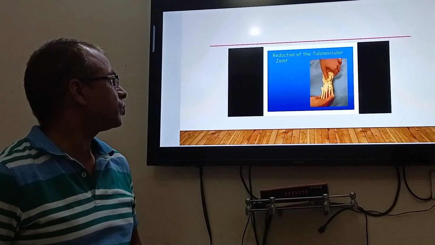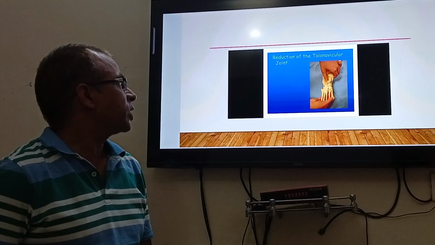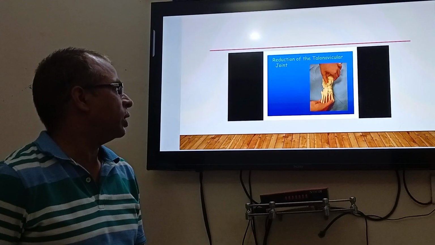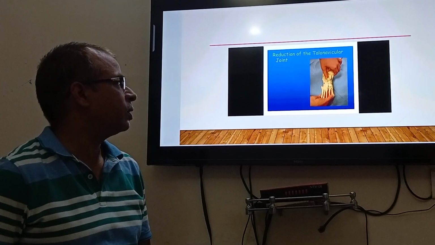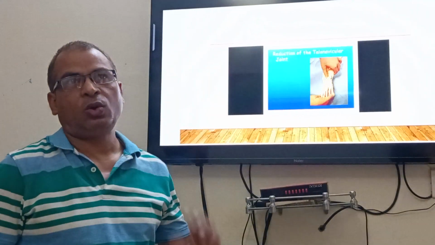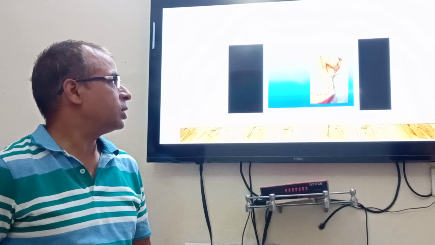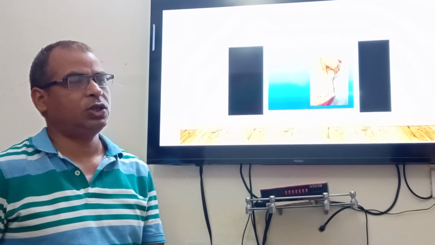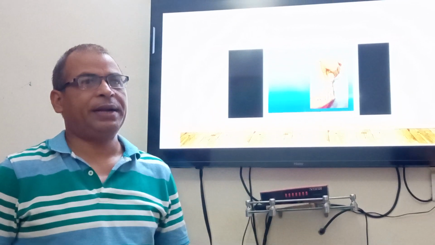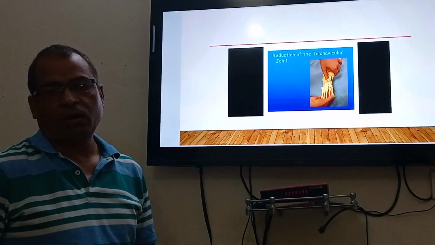Next please. Now the reduction of the talonavicular joint. For this we again locate the head of the talus. It is just distal and anterior to the lateral malleolus.